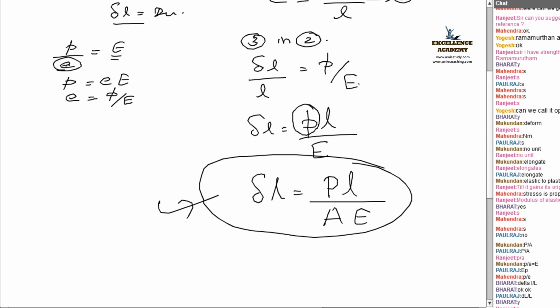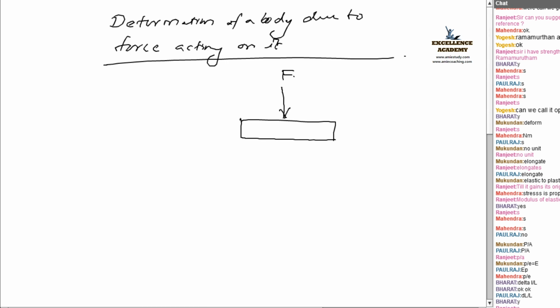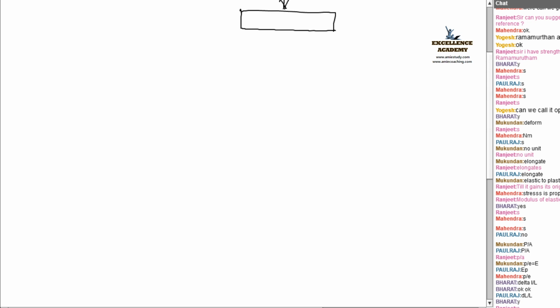Let us explain once again. So the deformation of a body due to the force acting on it, we have to find out. First of all, we can check the notations.